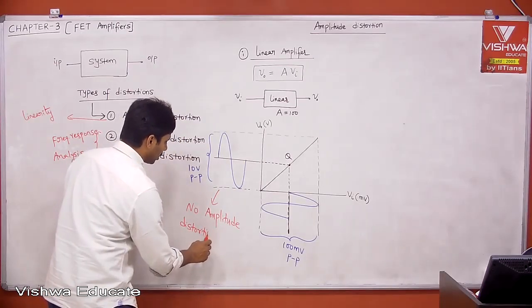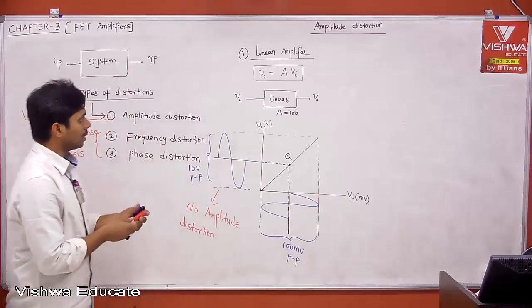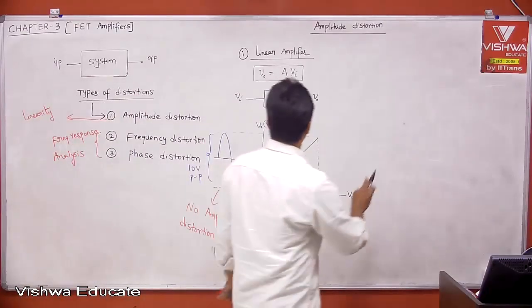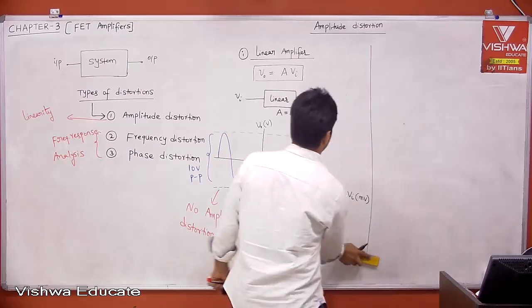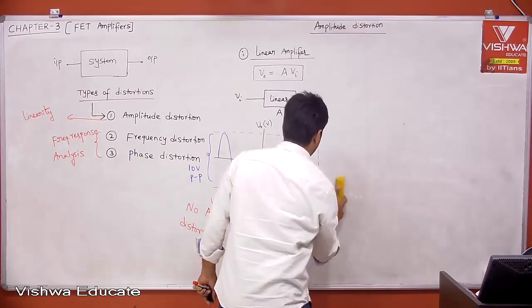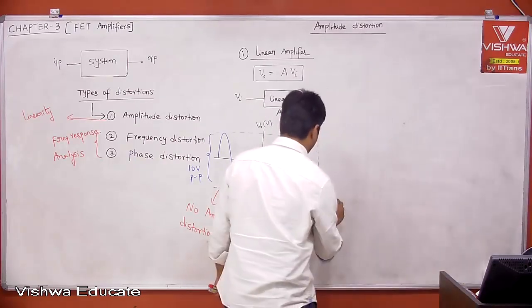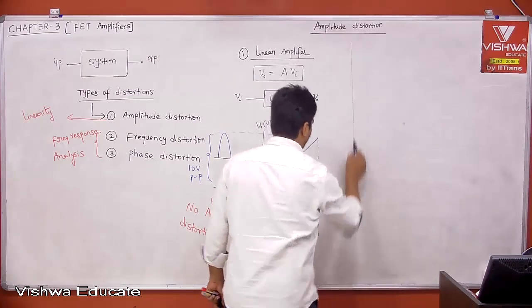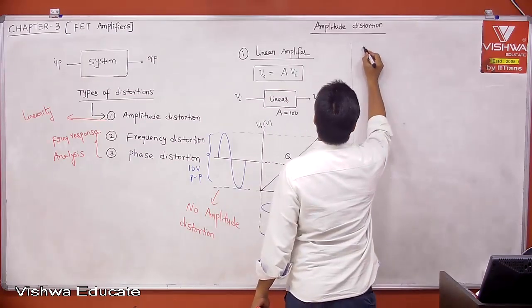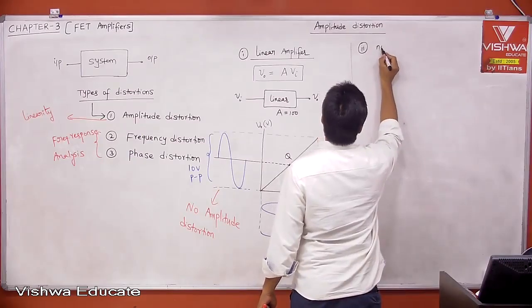But if you consider a non-linear amplifier, that is what I am saying, case 2, this is your Vi in millivolt.